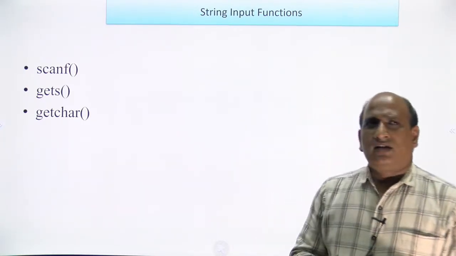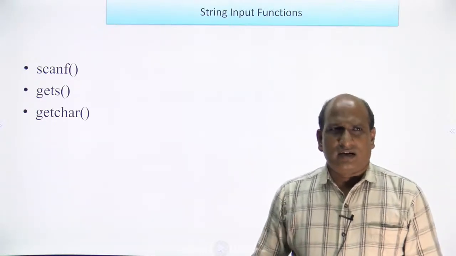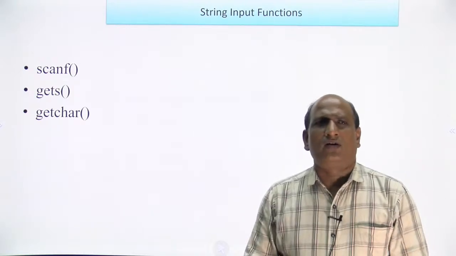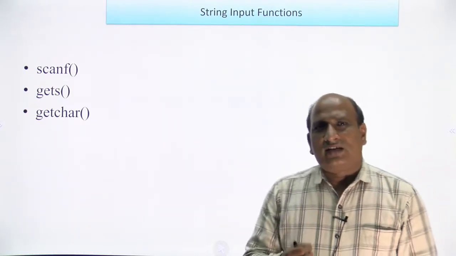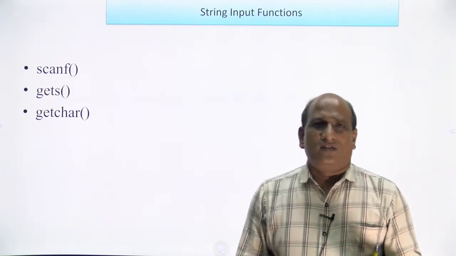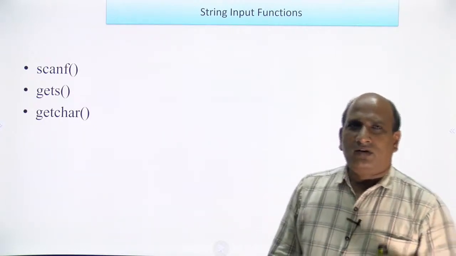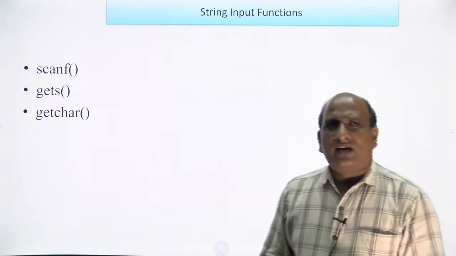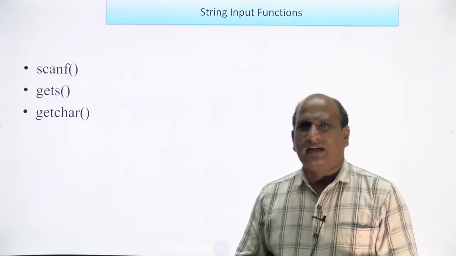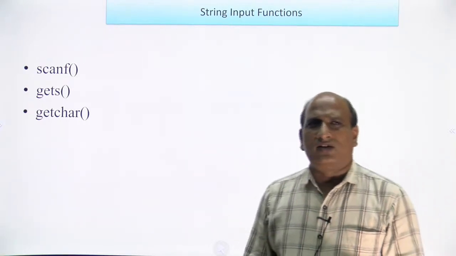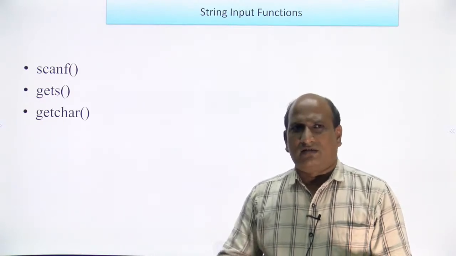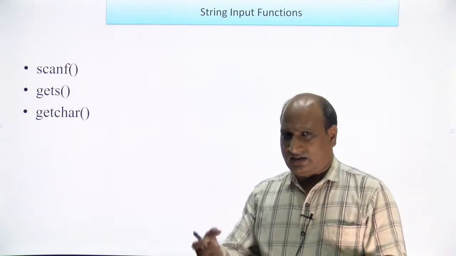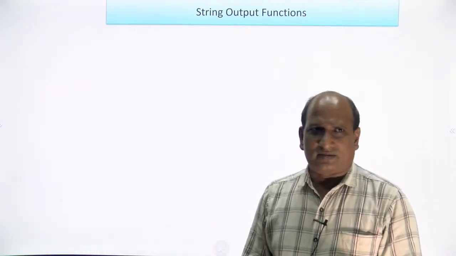It understands that scanf has completed. If you want to store a string that has spaces, in that situation you have to use the gets function. With the getchar function, you can read character by character, one character at a time, and this function may be put in a loop so we can take a number of characters.